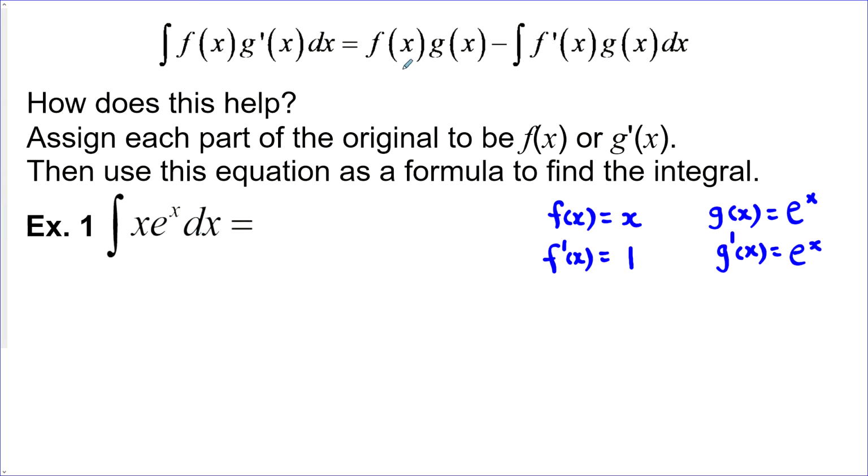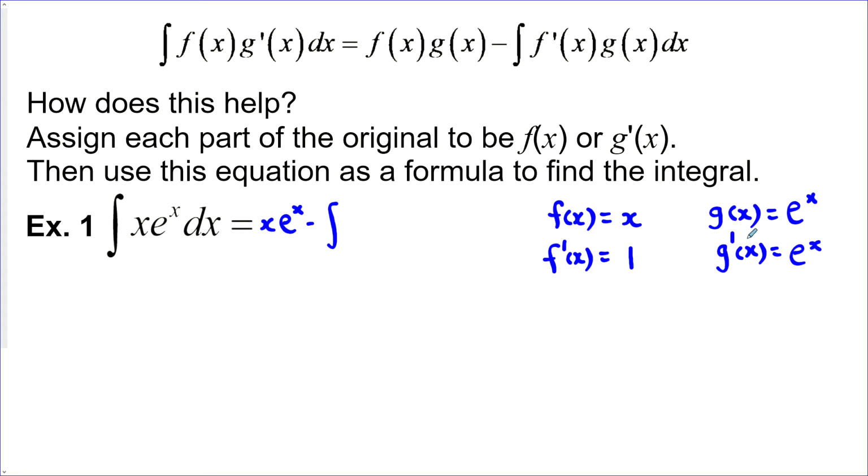So we have an f of x, that's just x. Then we have a g of x, and we see that's e to the power of x. Then we're subtracting, and we're integrating f prime, which is just 1, so I don't need to write that.